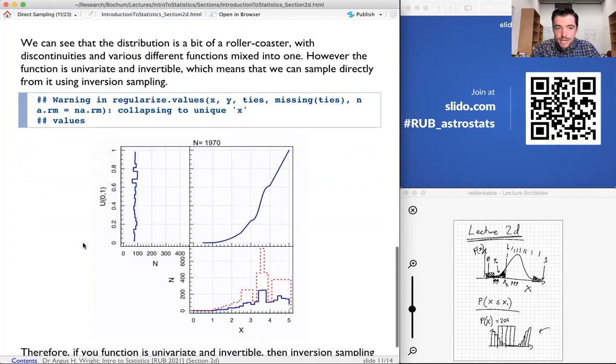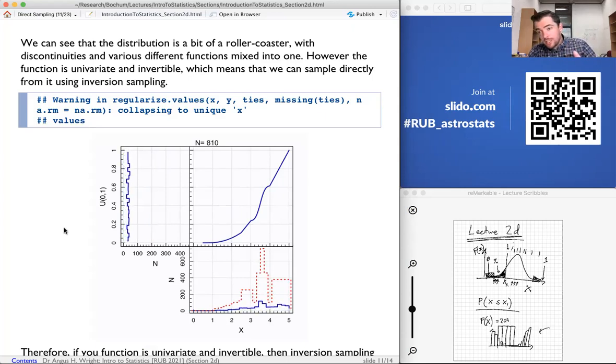And so now I'm running this sampling a few thousand times, and you can see it building up as I perform uniform random draws of 0, 1, and then pass them through the inverse of the cumulative distribution function. I find this particular animation is very, very helpful to understand what inverse sampling is doing. Hopefully you think the same, but if not, please feel free to let me know.